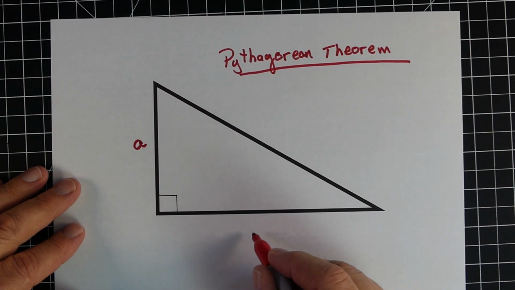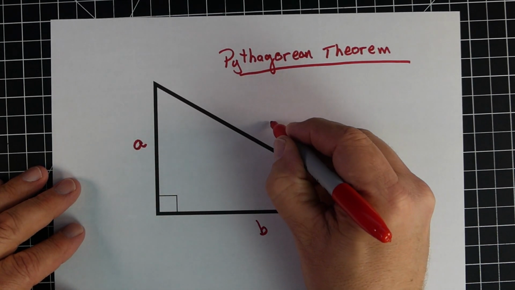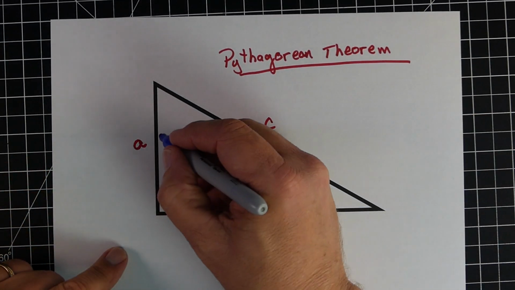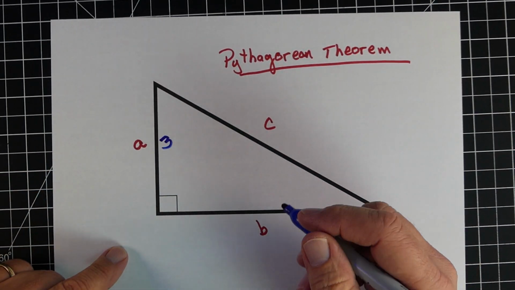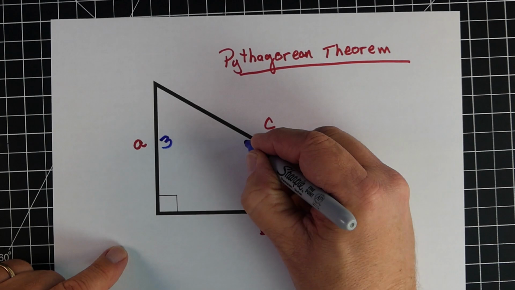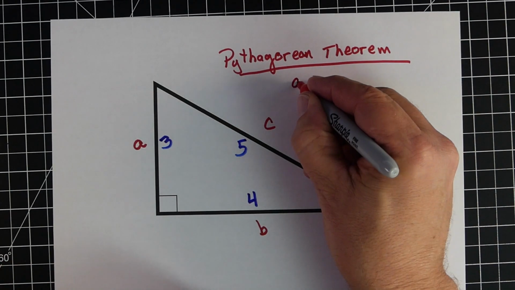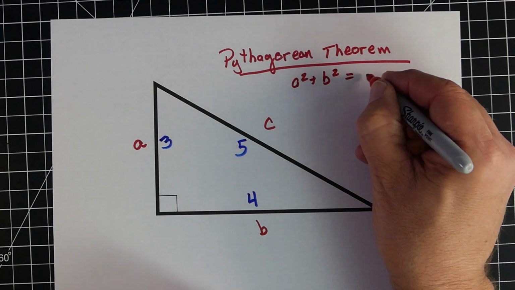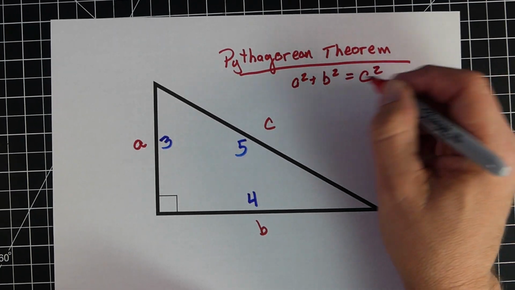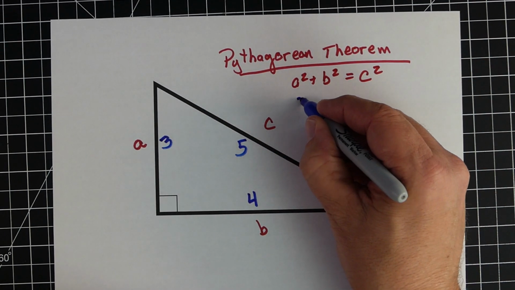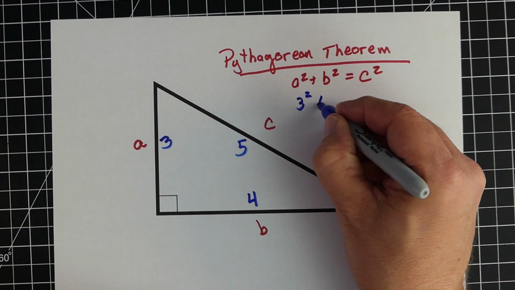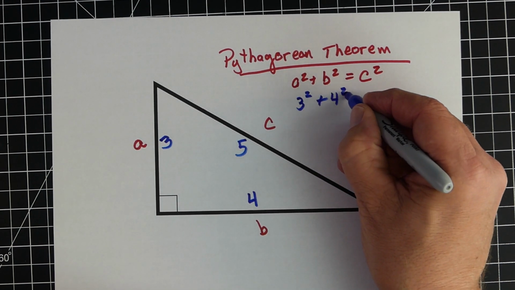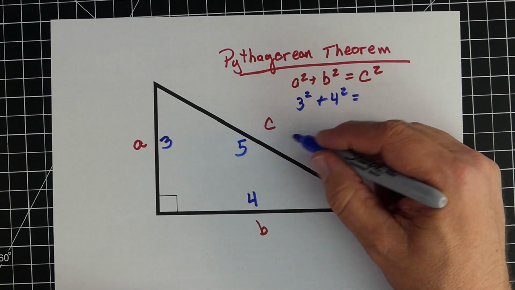So if we look at a triangle, for example, and we have sides a, b, and c, and if we said a, for example, equaled 3, it could be inches, feet, whatever, and then let's say b was 4, and let's say c was 5. If this actually worked out, we should be able to square each of these numbers, and it should equal c squared. So if a was 3, we're going to square it, we'll square the 4 for b, and we'll square the 5 for c.